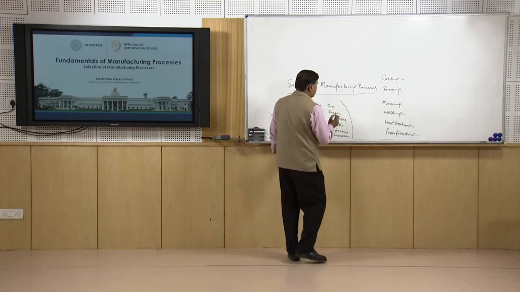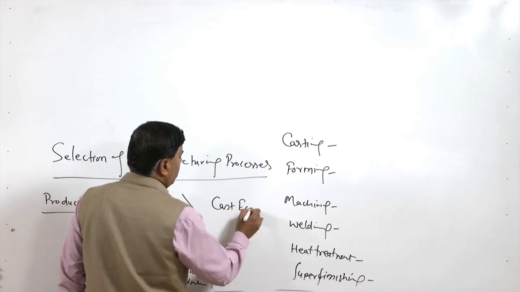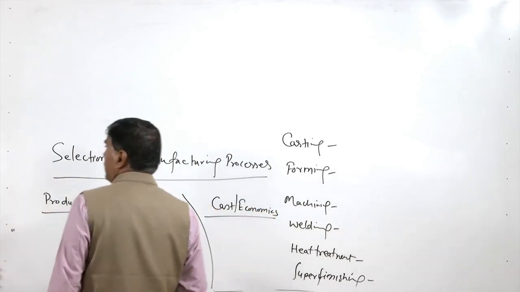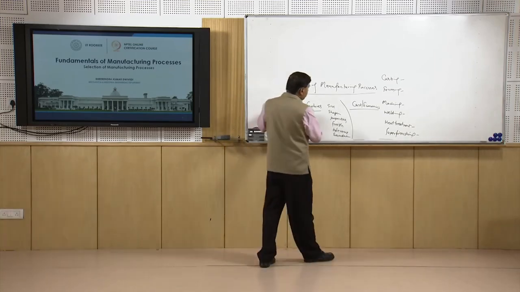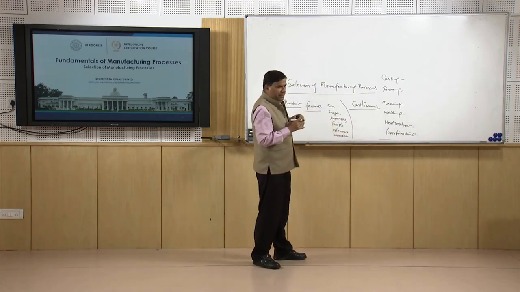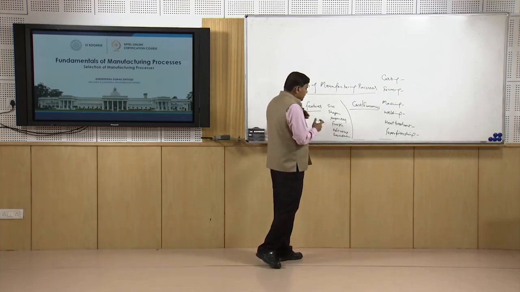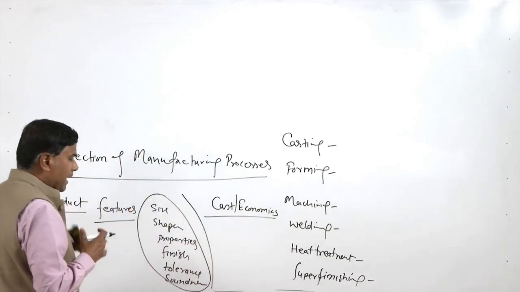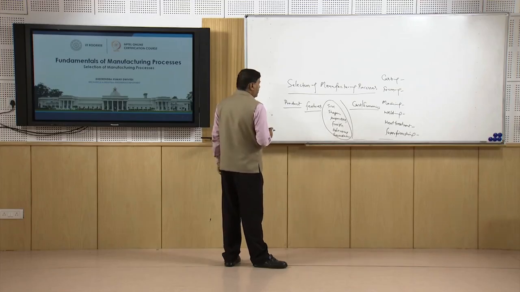But there is another category also, which is related with the cost or the economics of manufacturing. Under that, we need to see how the product is to be made so that it can be made cost effectively, so that it does not affect the environment, it is economical, and it also serves the purpose for which it has been made, its life is good, and the purpose of the manufacturing as a whole can be achieved.